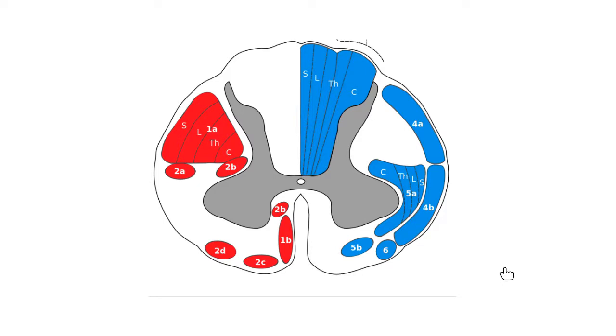Sometimes what happens in the body, though, is some sensory information comes in, and my interneuron back here in the dorsal horn says, wait a minute, this sensory information is above my pay grade. Like literally, I can't process this. It's got to go up to the brain. The interneuron is going to send that information up to the brain using a tract.